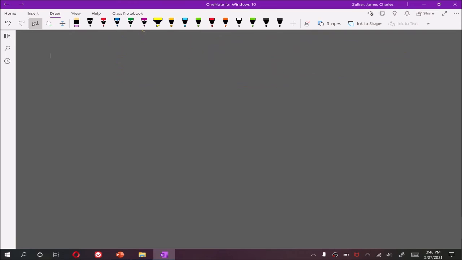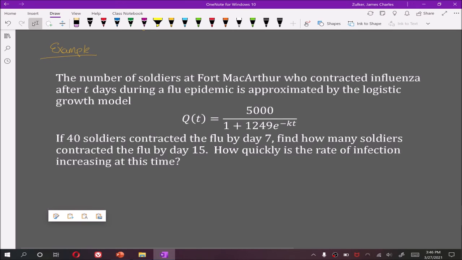And one last example. So the number of soldiers at Fort MacArthur who contracted influenza after t days during a flu epidemic is approximated by the logistic growth model given.